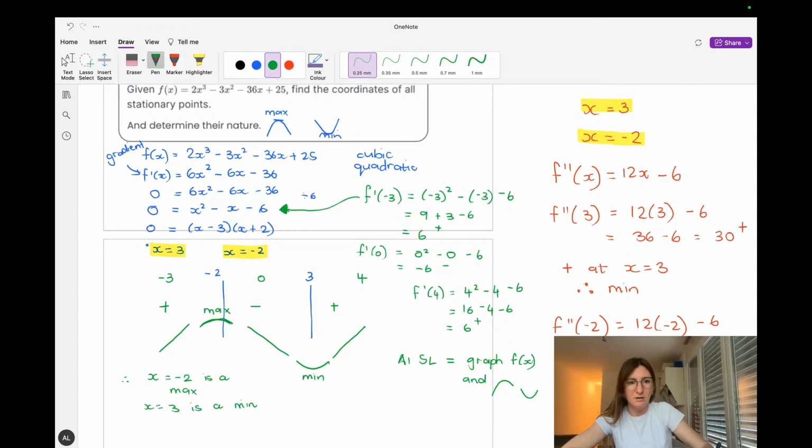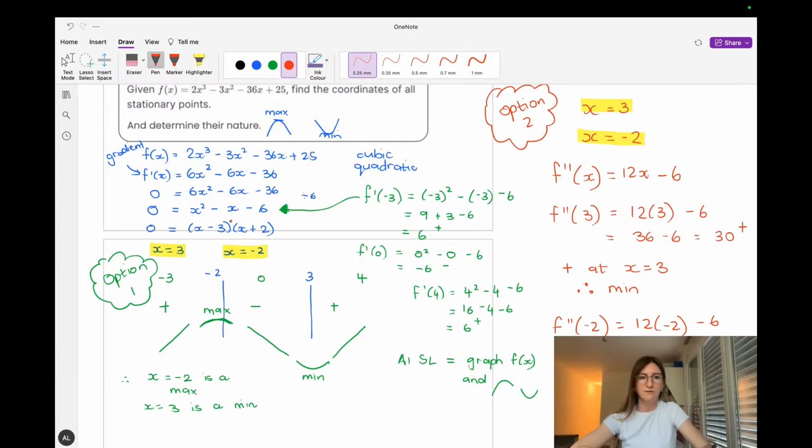So let's put that option 1, and option 2. But with both methods, you do need the first derivative to find your critical values. So you could use this as well, which can be easier, faster, maybe not sure which most people prefer.